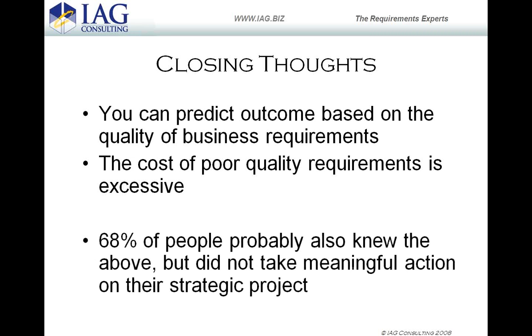In fact, 96 or 94%, I think was the percentage, of you at the beginning of this said, yeah, we're historically poor at doing our requirements. I should be concerned. 68% of these people probably also knew that information, but they did not take meaningful action on their last strategic project as a result of knowing it.